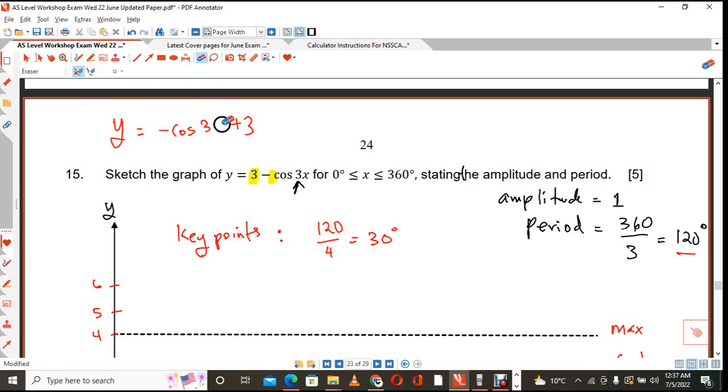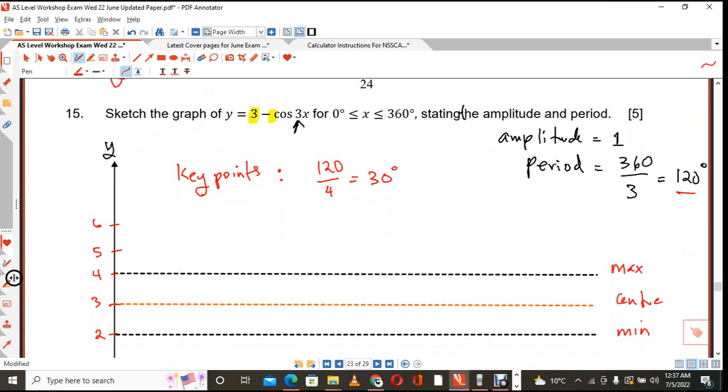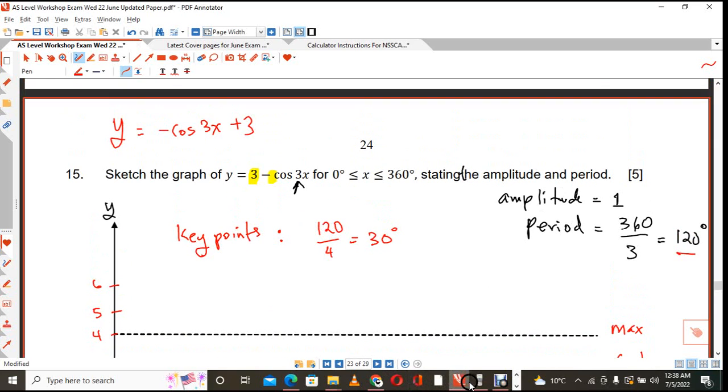Okay, I'm going to put that on the calculator. You don't have to, but one more thing, I also know that this graph is reflected. Normally the cosine graph goes that way, so this one is going to go the other way, like so. All right, so I'm going to bring in my calculator.